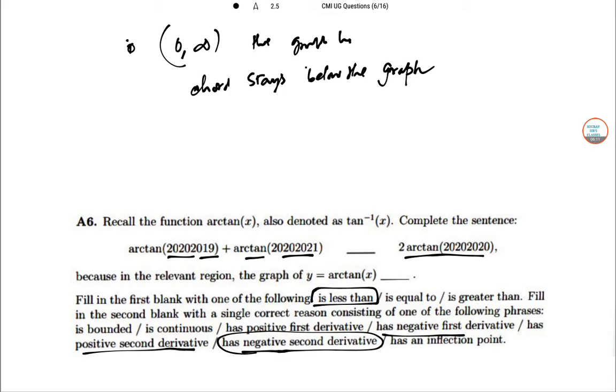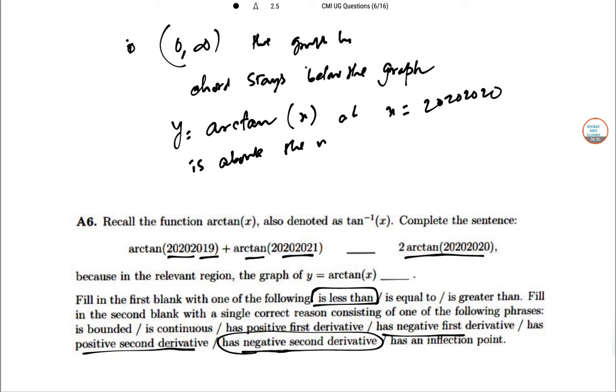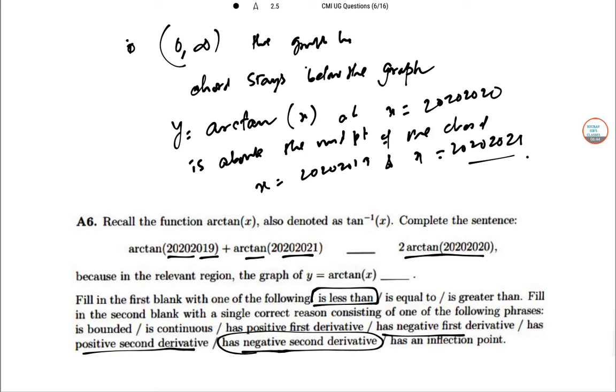Okay, so the point on y equal to arctan x at x equal to 2020 is above the midpoint of the chord joining the points x 2019 and x 2021. Okay, that's it. This is the option: is less than, and has negative second order derivative.